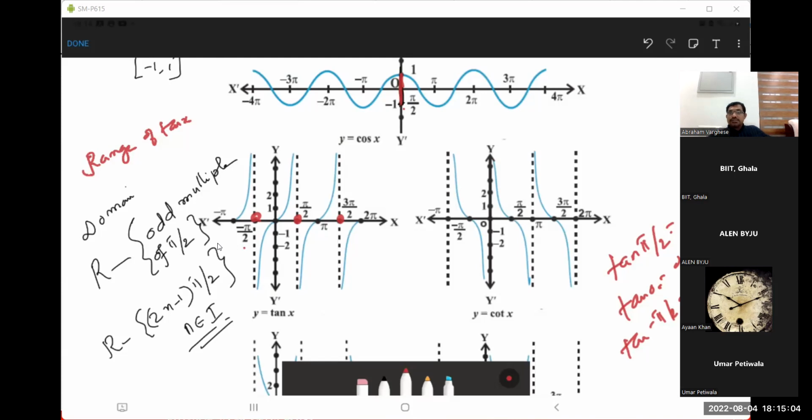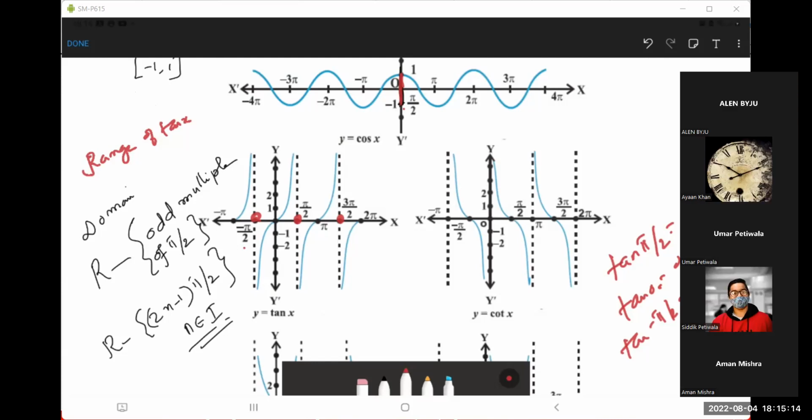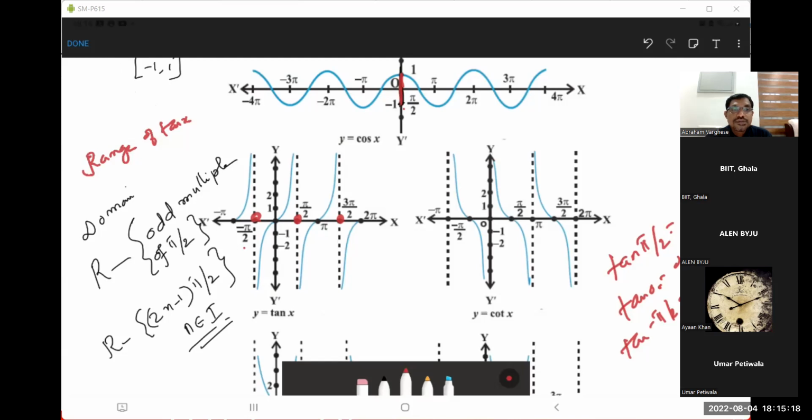Is it clear now, students? Yes, sir. Okay. So, can you tell me the range of tan x? For finding the range, look at the graph and y-axis. Then you can tell me what is the range.